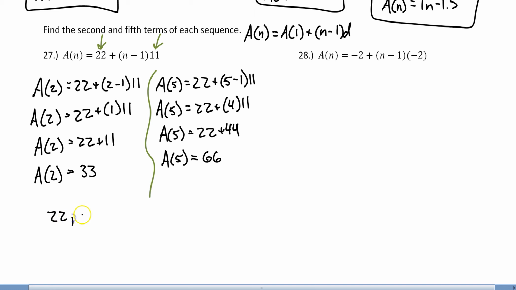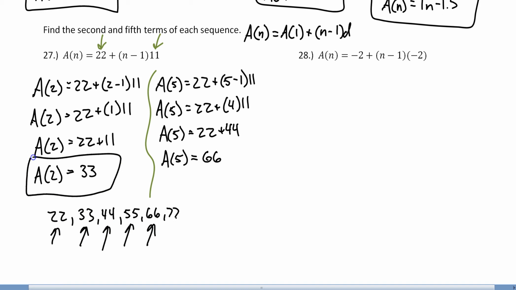So if you start with a 22, the next term would be 33, the next term would be 44, the next term would be 55, and then 66, and then 77. And then simply by counting, here's the first term, the second term, third term, fourth term, and fifth term, and you can see my second term and my fifth term are listed there.